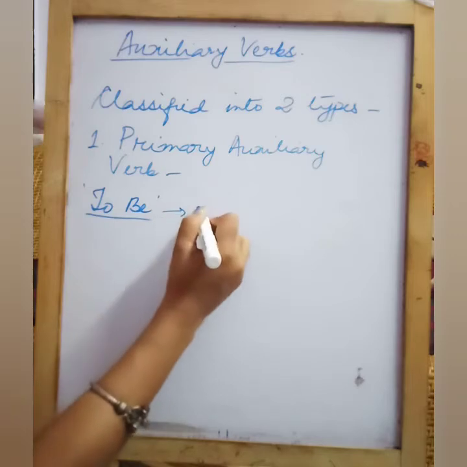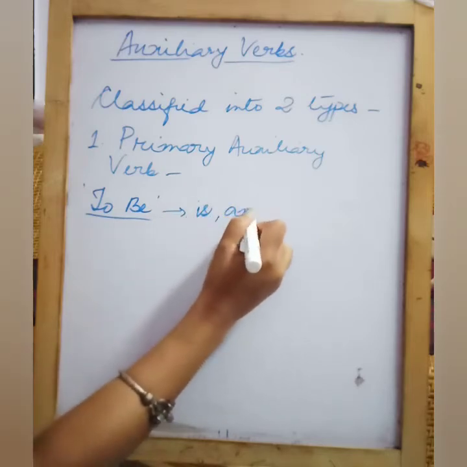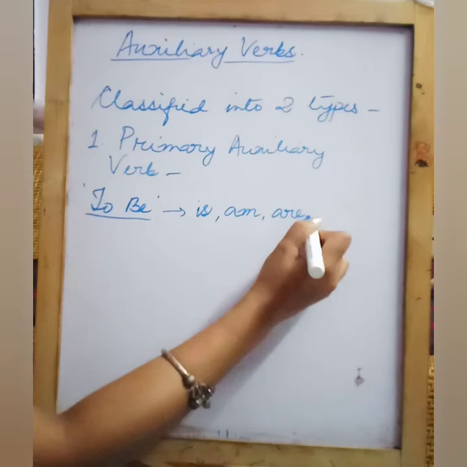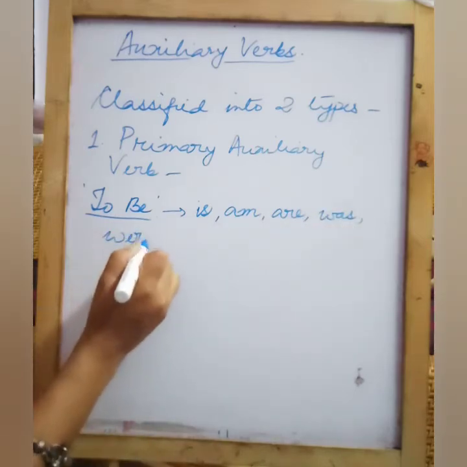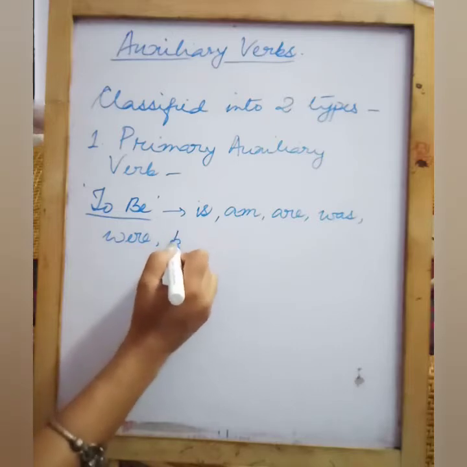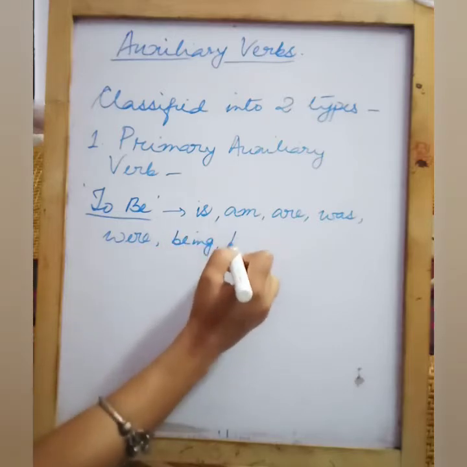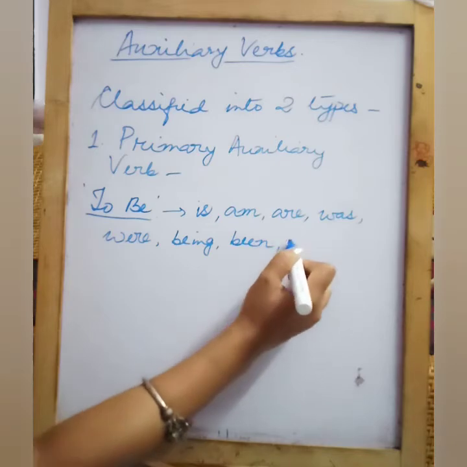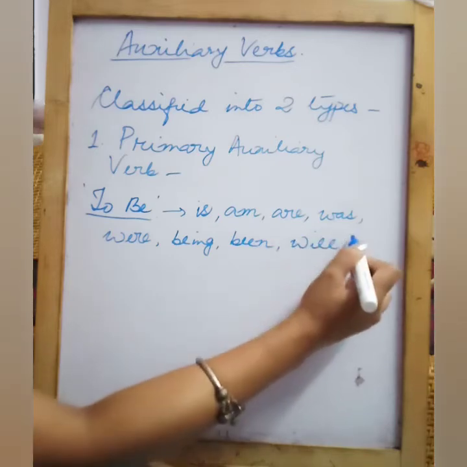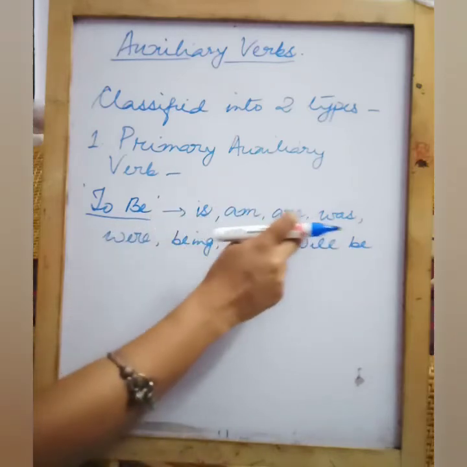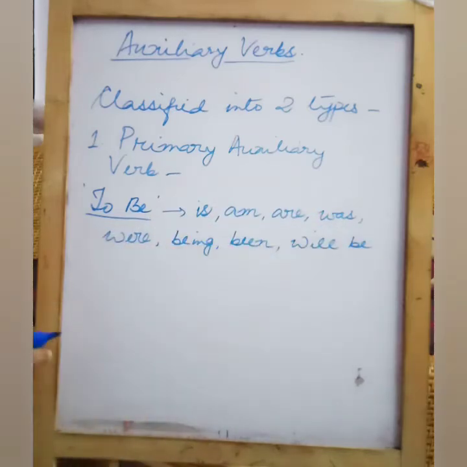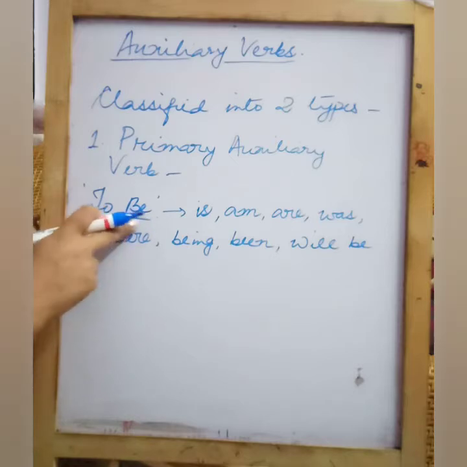So to be verbs are: is, am, are, was, were, being, B-E-I-N-G, and last, will or will be. We can write will also, we can write will be also. Okay, so how many are there? 1, 2, 3, 4, 5, 6, 7, 8, isn't it? So the primary auxiliary verb to be.